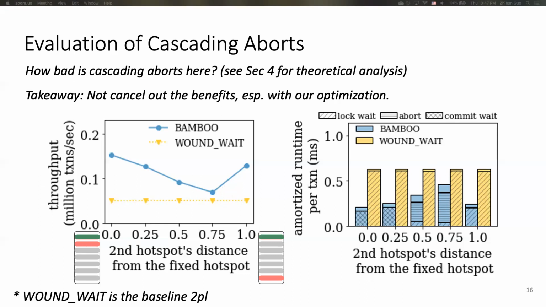This is due to the optimization we just talked about, where a transaction will not retire a lock when there are limited benefits. And so we can see there are no longer that many aborts as we had before. Instead, we have more waiting here. And you can also check our paper for the cascading abort analysis on more stress tests.